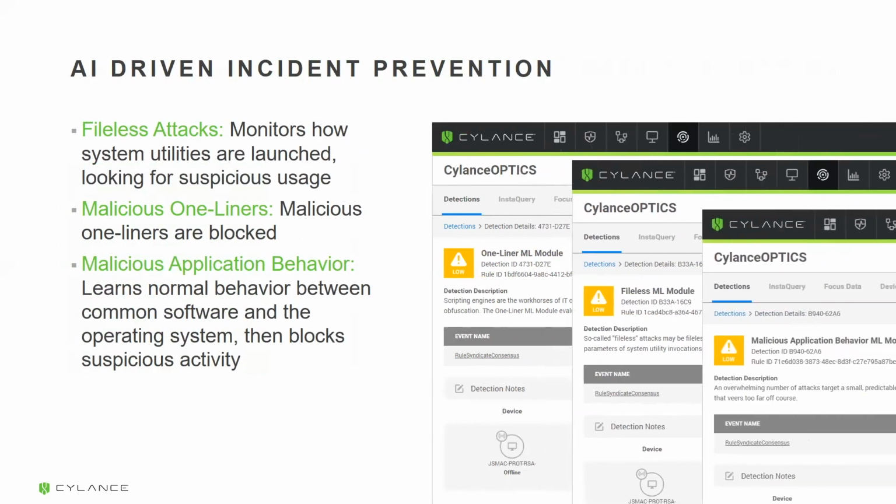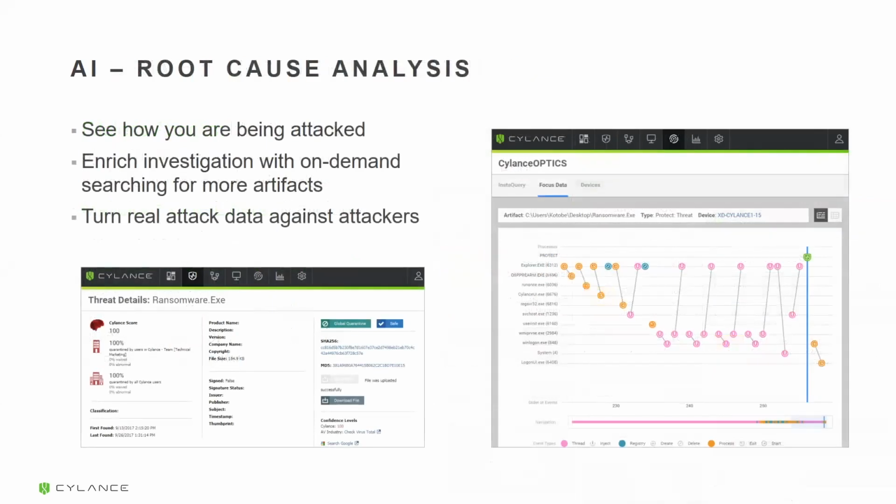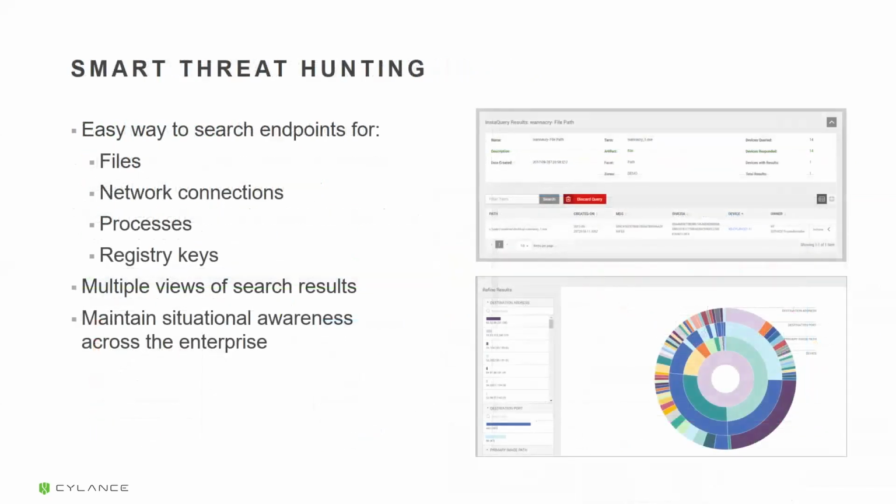So the features that Matt's going to walk you through are our approach to using machine learning for threat detection. I'll let him walk through that, as well as some of the different ways we can perform root cause analysis. Again, it helps you identify how you are being attacked, or where a suspicious file came from, and how you can easily hunt with our solution for things that might be interesting to you.